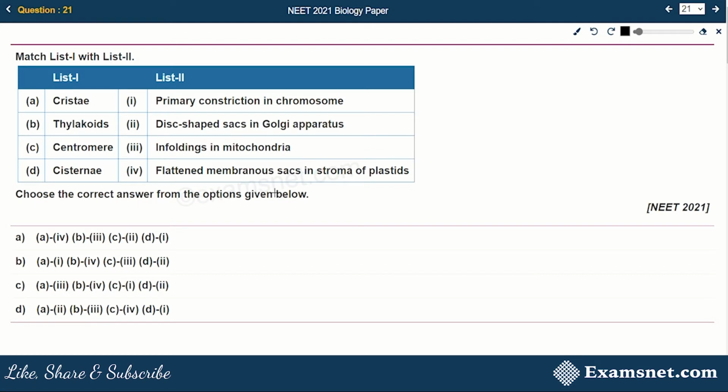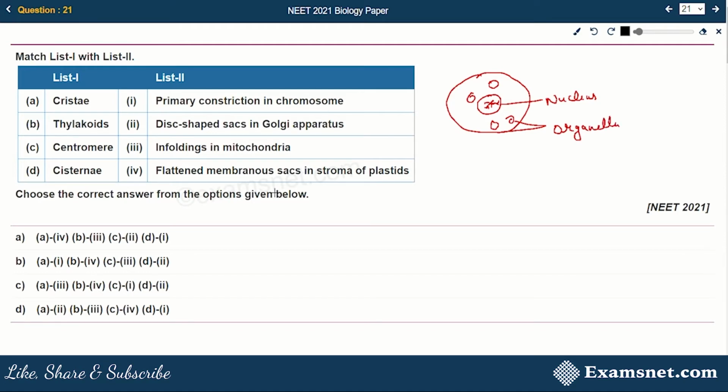Question number 21 is from the chapter Cell, the Unit of Life, class 11. And here we have to match list 1 with the correct option in list 2. So we know that a eukaryotic cell consists of a well-defined nucleus containing chromosomes, right? And the cell also consists of various organelles which are useful to the cell in many ways.